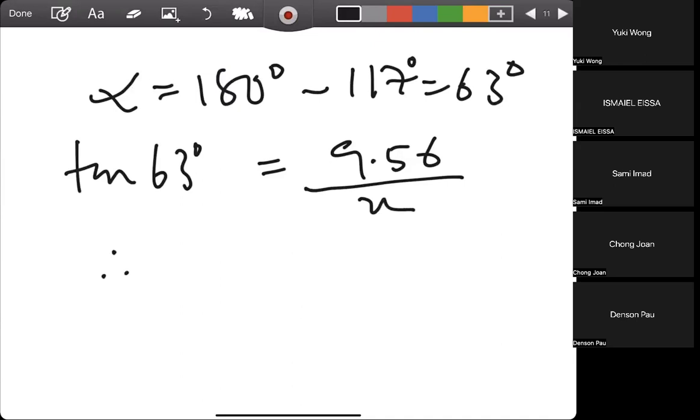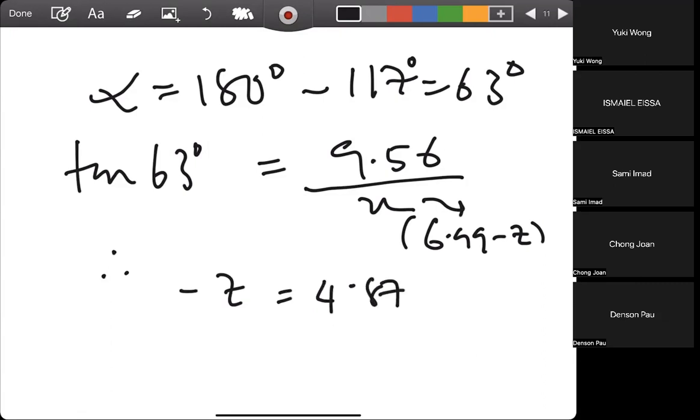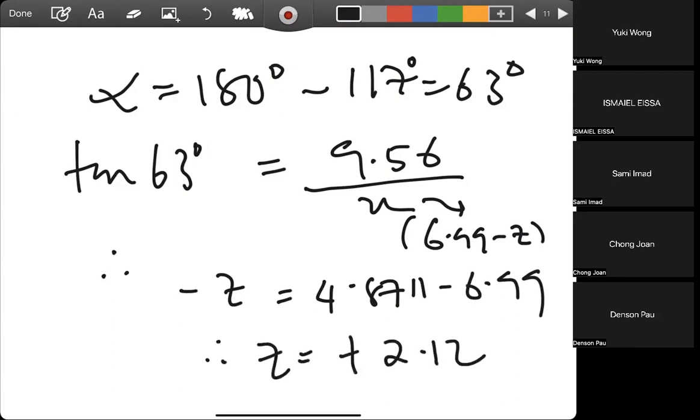So what is x actually? x is 6.99 minus z. If you simplify, you will get 4.8711 minus 6.99. So the zero is positive 2.12, which is on the right half plane.